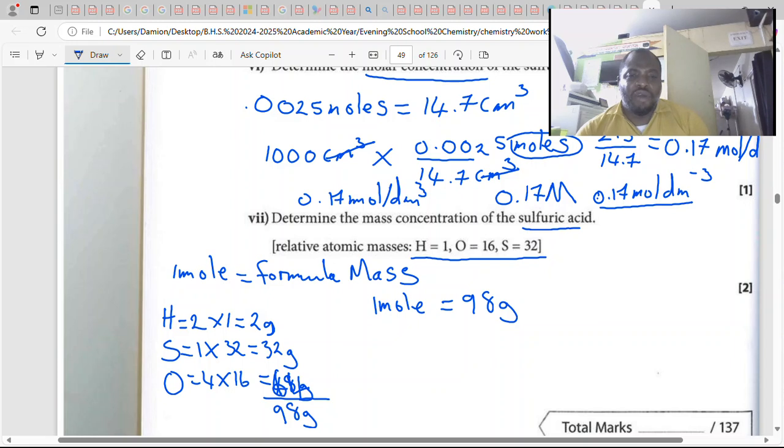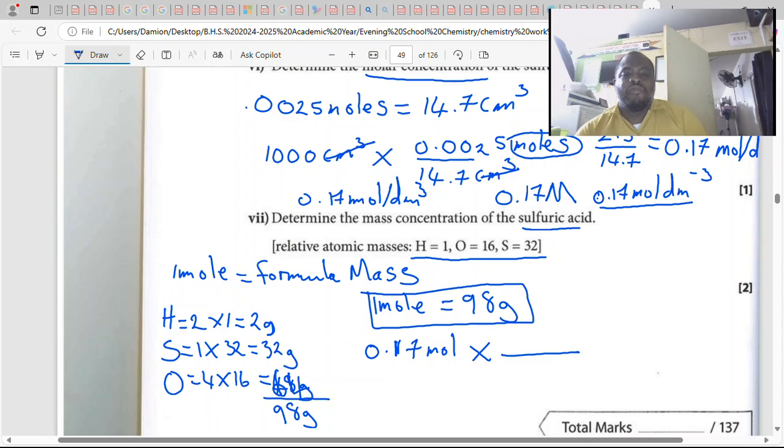But we didn't have 1 mole. Again, we have our conversion. We have 0.17 moles. And we said that we're going to be multiplying that. And again, we know that any unit that is here, we put that as a denominator.